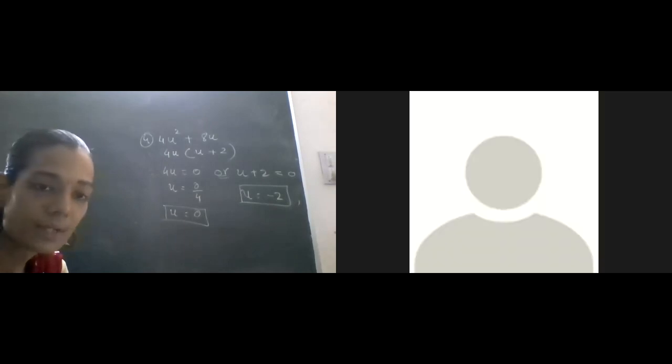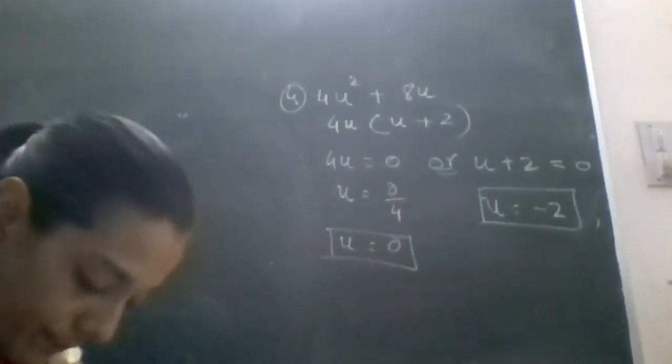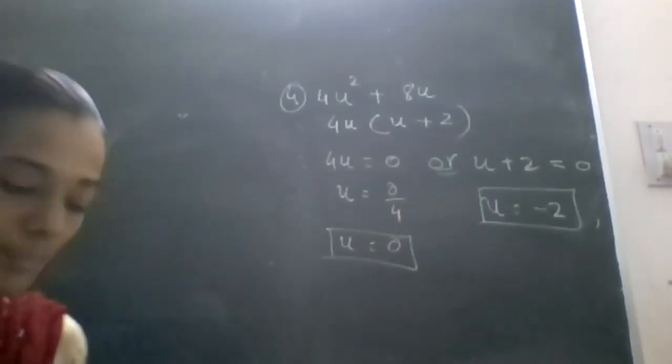Chaliye. Now I hope everyone has understood this sum. Afterwards you have to find the product and the sum. Okay. Chaliye. Moving on with the next now. Next what will be there? T square minus 15, the fifth number.